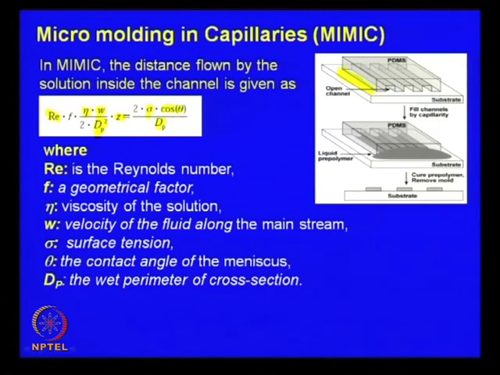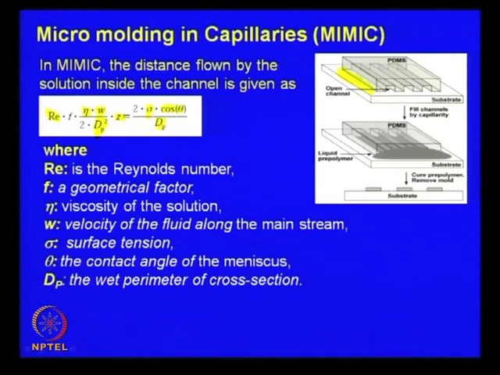Of course, Reynolds number is also a function of the velocity of the liquid, but you can still solve this equation, and it will give you an idea about the velocity of the capillary filling, because everything else is a physical or geometrical parameter.